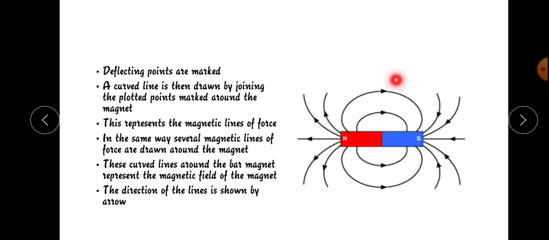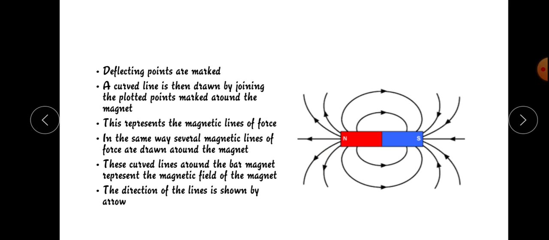These curved lines around the bar magnet represent the magnetic field of the magnet. The direction of the lines is shown by the arrow.